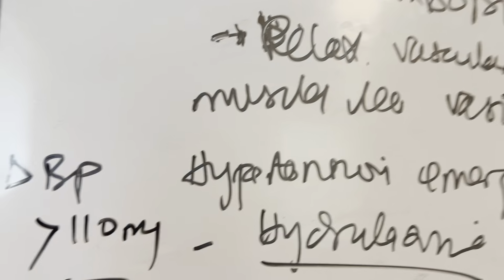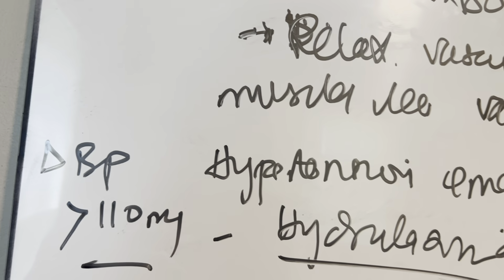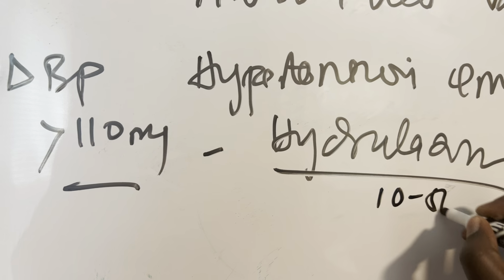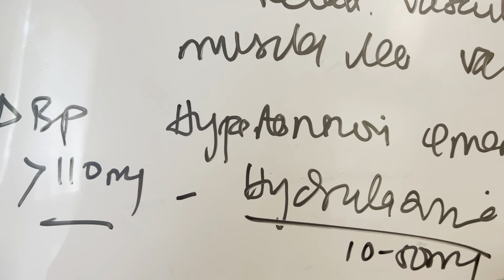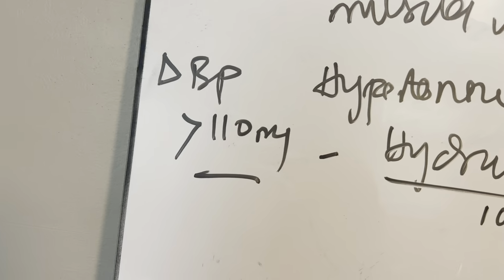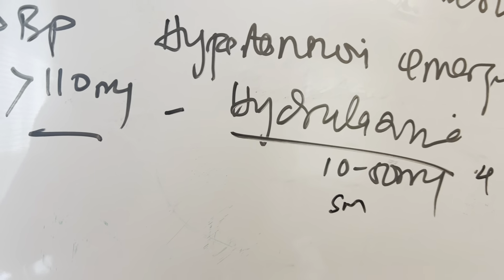So you have to research why. I won't tell you today. Hydralazine can be given from 10 to 50 milligram four times orally. Even IV, usually they start, I think, from 5 milligram. I'm not sure about that.